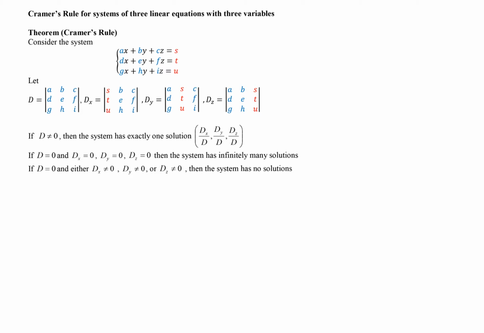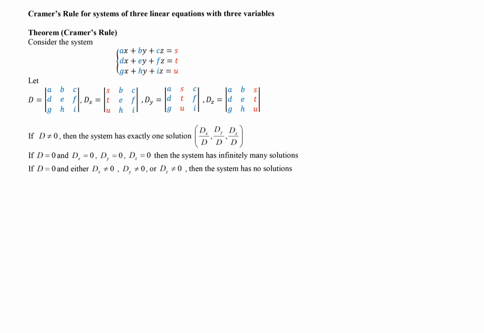Then we'll form the determinant Dx by substituting in the determinant D the column of x with the column of numbers from the right-hand side. And the columns 2 and 3 will remain the same as in the main determinant.